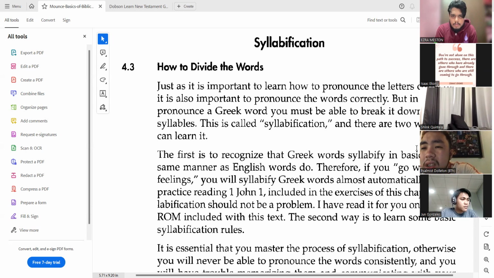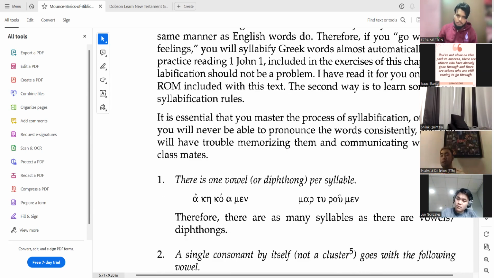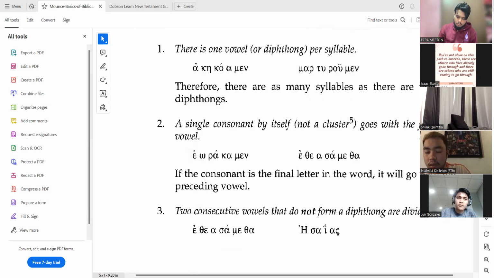How you cut one word in order to pronounce it, you cut it into syllables. Okay. For example, the word here, there is one vowel or diphthong per syllable.